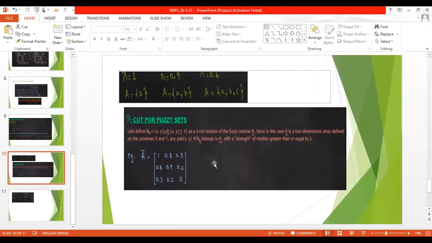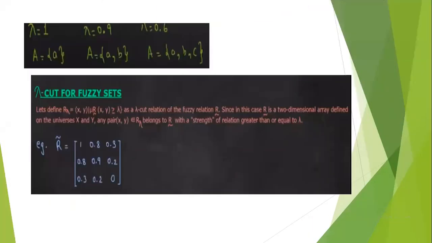This is known as the lambda cut relation of the fuzzy relation R. Here we are considering R as a two-dimensional array defined on the universes x and y, and any pair belonging to the lambda cut relation belongs to R with strength of relation greater than or equal to lambda.